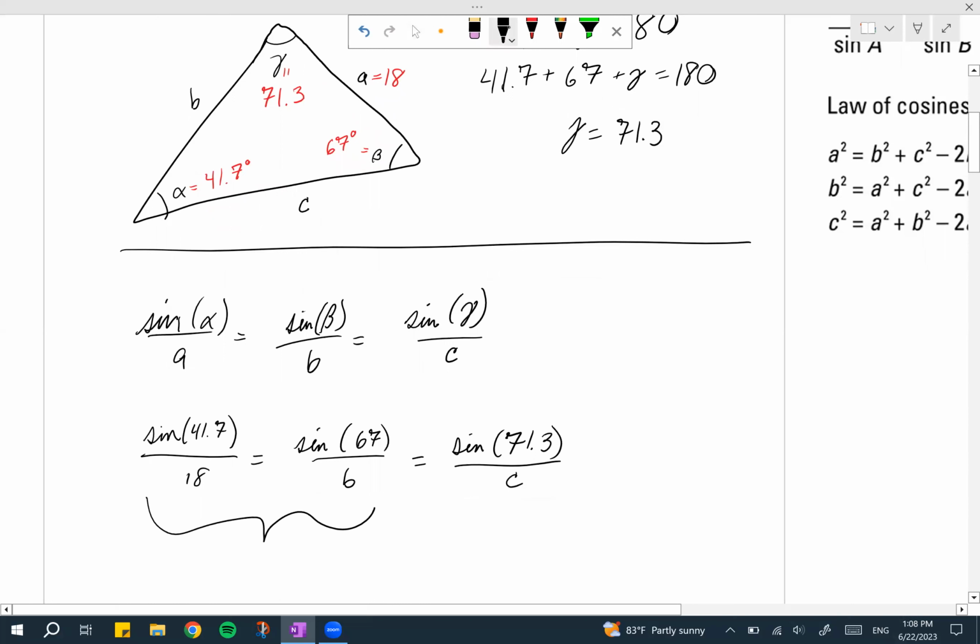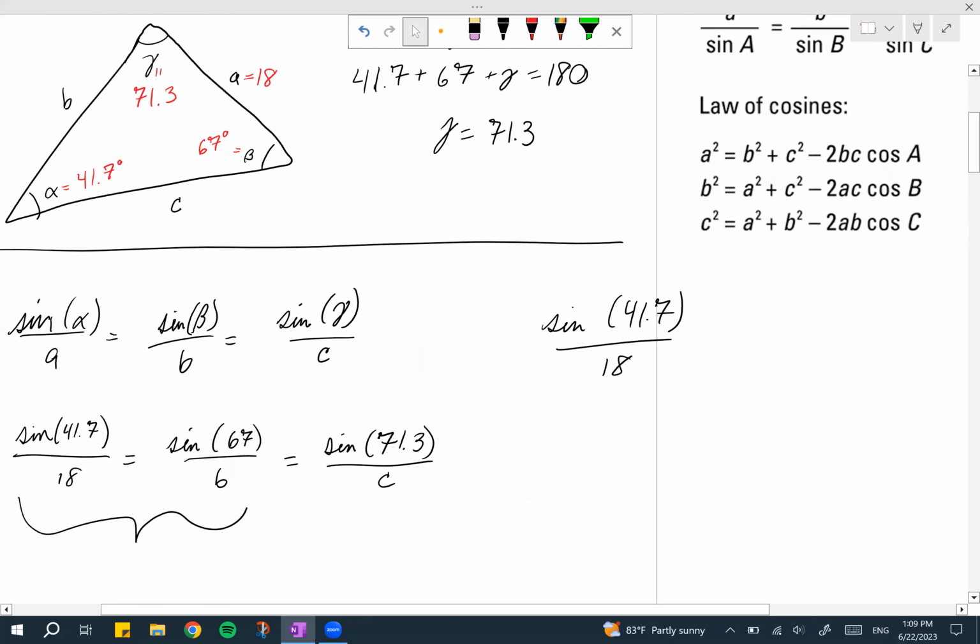I'm going to look at this part right here first, and then I'll look at A and C as a second part. The first part is sine of 41.7 divided by 18. I'm going to use my calculator and plug this in, making sure that my calculator is in degrees, which it is.